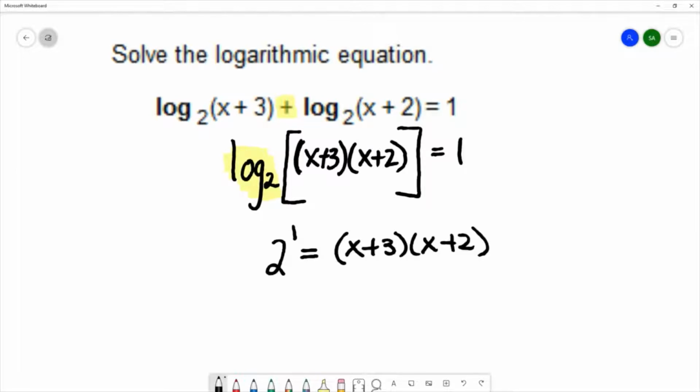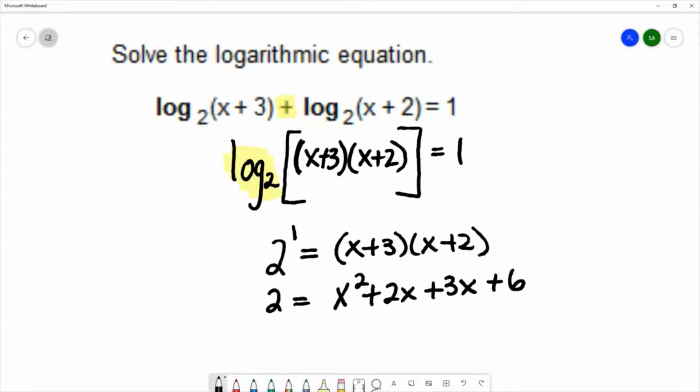So we've got the equation 2 to the first power equals x plus 3 times x plus 2. I'll simplify the equation. 2 to the first power is 2. And on the right-hand side, we'll multiply that out to get x squared plus 2x plus 3x plus 6.